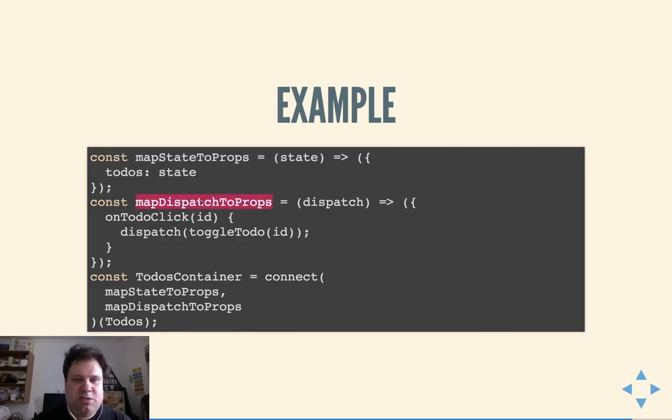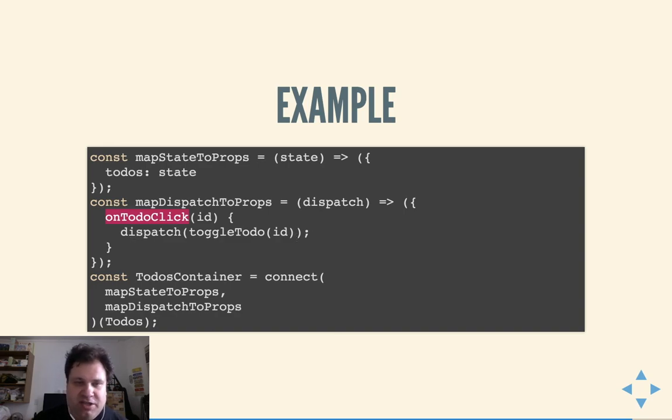Now mapDispatchToProps is going to receive the dispatch method of the store, and it will return this object that will generate props whose names are those keys and whose values are these callback functions that will cause actions to be dispatched.